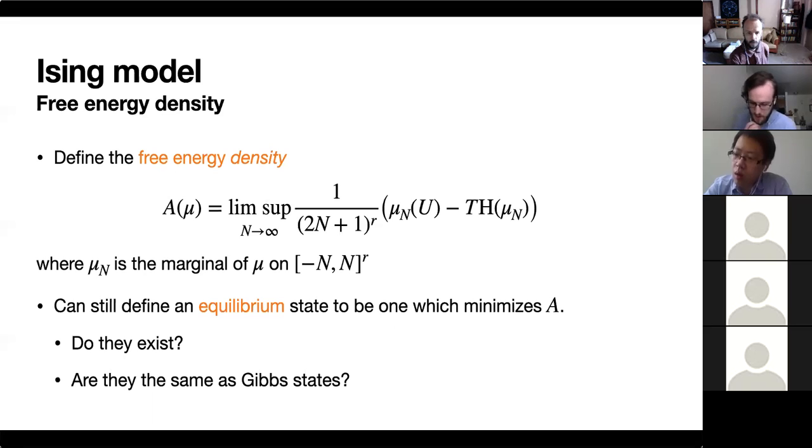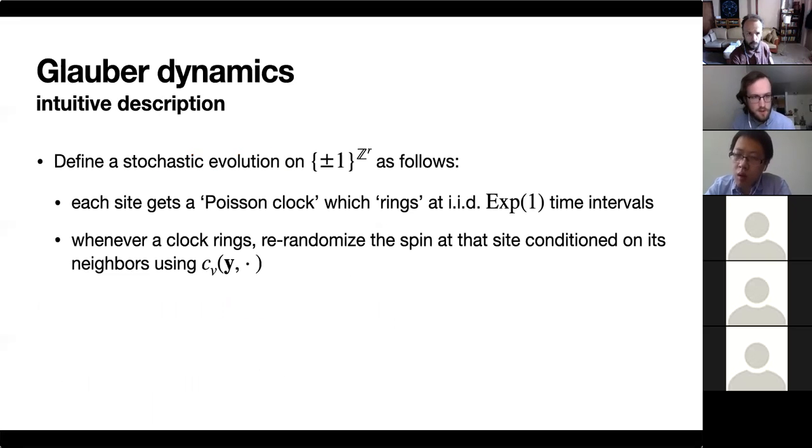The way we're going to study the relationship between generalized infinite volume Gibbs states and free energy density is using a notion of dynamics, which we'll introduce now. I'll just give an intuitive description of the Glauber dynamics. First I'll say how we can evolve a microstate.